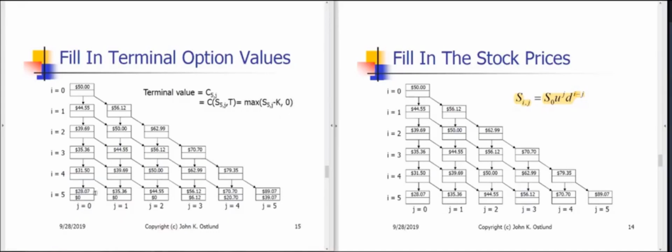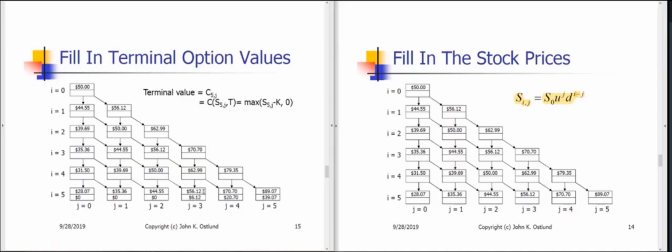So if the expiration time stock price is 28.07, that's below the $50 strike and we collect nothing. Likewise, if the stock price at the expiration time is 35.36 or 44.55, those also are below the strike price, and so we collect nothing in those cases.